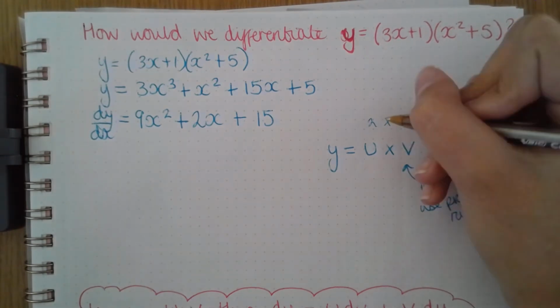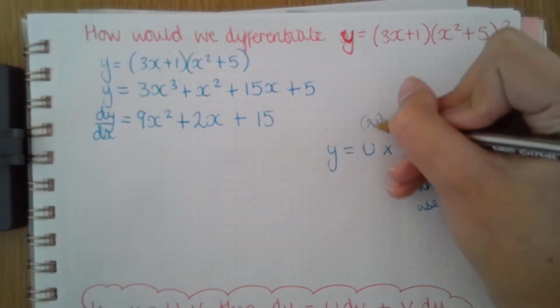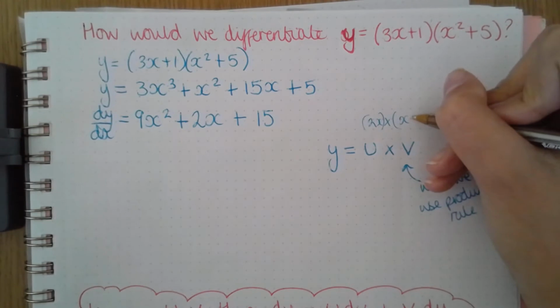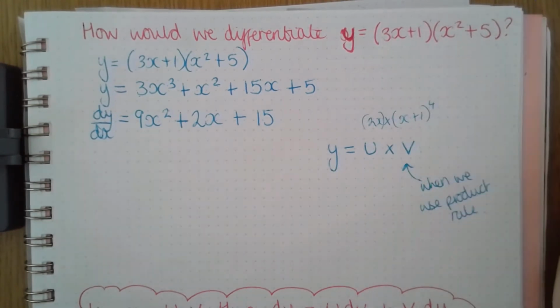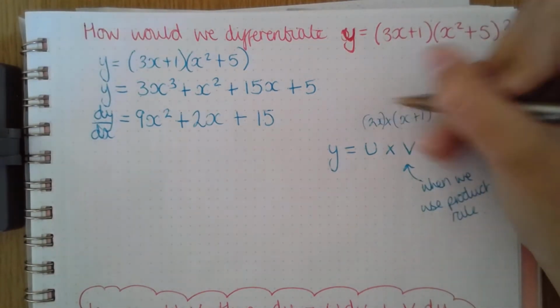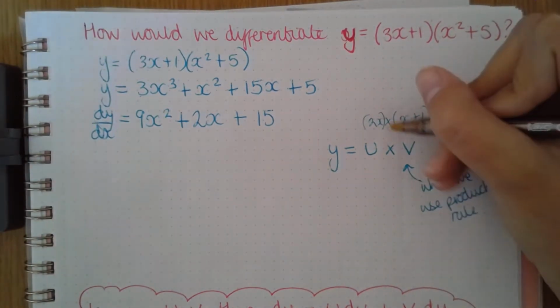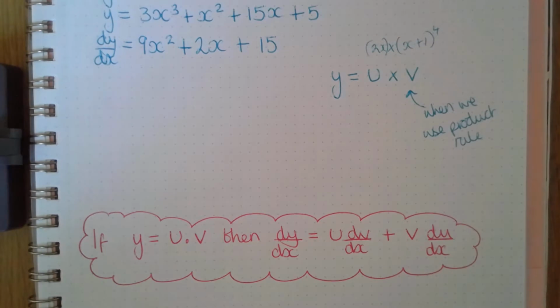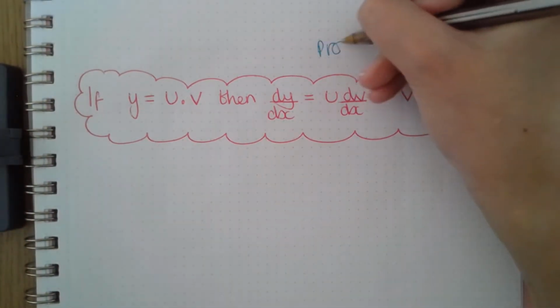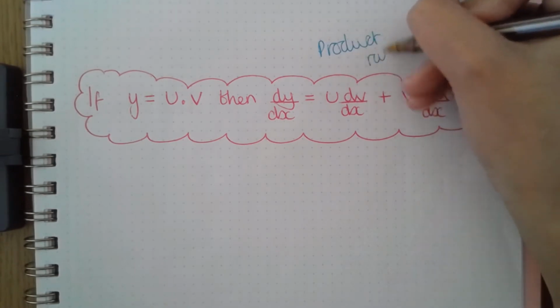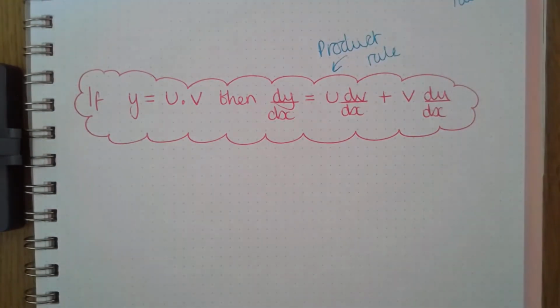But when you've got two different things that contain x, maybe 2x times x plus 1 or x plus 1 to the power of 4, something like that, that's when you would use product rule. So this is the product rule. So I suggest you write this down.